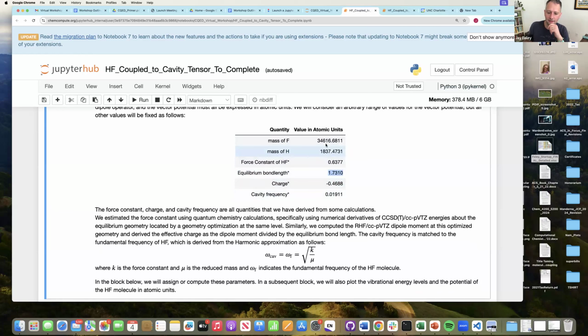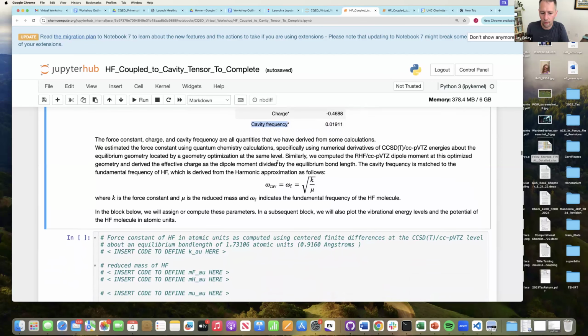And with all of this, with the reduced mass and the force constant, we have everything we need to compute the fundamental frequency of HF within the harmonic approximation. That fundamental frequency, also in atomic units, is 0.01911. We're also going to use that number for the cavity frequency, because we want the cavity frequency to match the fundamental frequency of HF. So that's all of these values in this table.